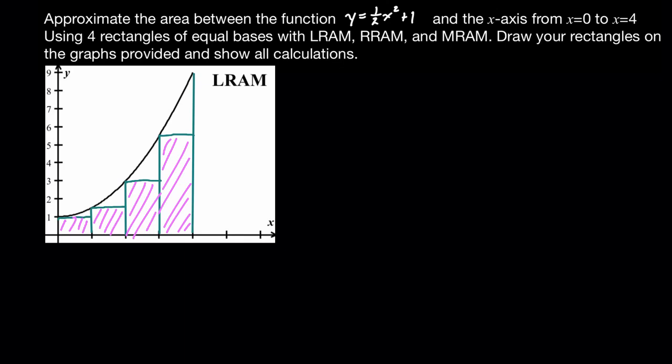Now the area of each of these rectangles is going to be determined by this function right up here, 1/2 x squared plus 1, evaluated at the different heights. I'm going to take a second here and go ahead and write all those out so that you can see that.